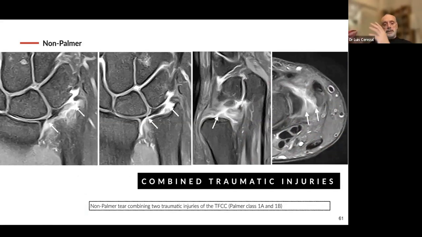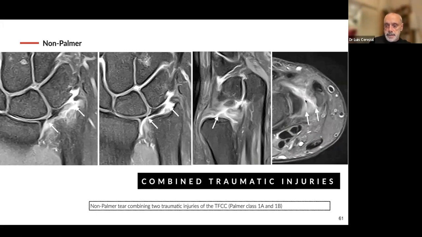And we could very commonly have a combination of traumatic and degenerative injuries. Like in this case, we have an all-traumatic Palmer class 1A injury affecting the TFC proper, an acute tear, complete disinsertion of the TFC from the ulnar styloid and ulnar fovea with secondary distal radioulnar joint instability.